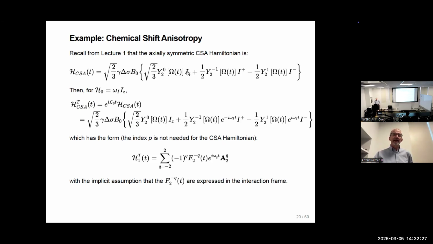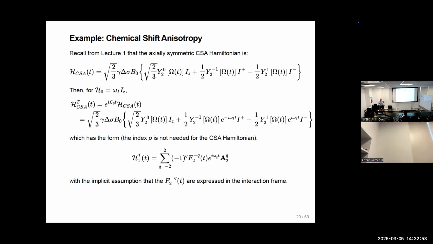So here, when I transform IZ, nothing happens to it, right? Because its characteristic frequency is 0. When I transform I minus, when I transform I plus, its characteristic frequency gives e to the minus i omega RF t.